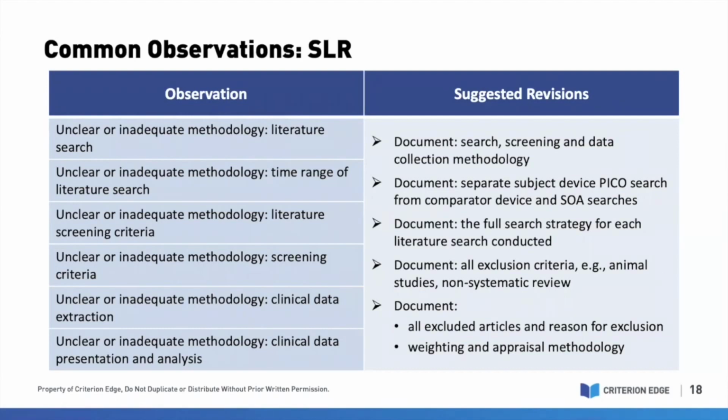The full search strategy for each literature search conducted should be included. All exclusion criteria used in the search, such as animal studies, non-systematic reviews, conference abstracts, should be clearly presented. And document all excluded articles and the reason for exclusion at the study level. And of course, the weighting and appraisal methodology.